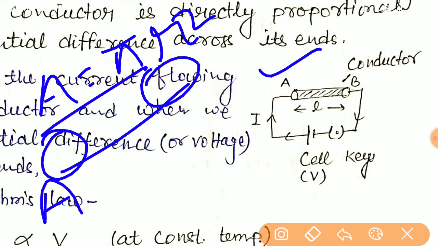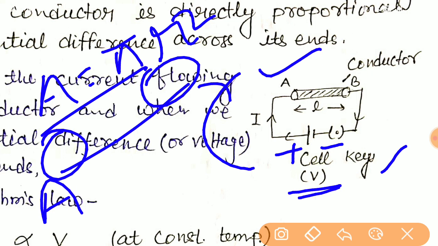Okay, so when we connect this conductor AB across the two terminals of a cell having potential V, through a key, and switch on this key, the current flows from the positive plate to the negative. After passing through the conductor, it comes back into the cell.